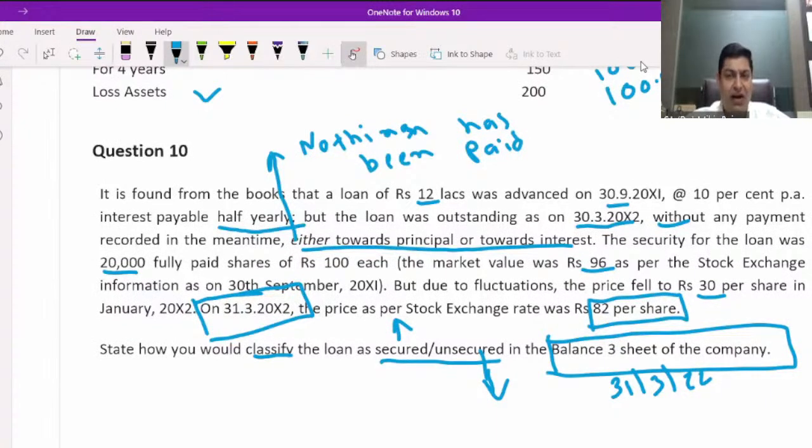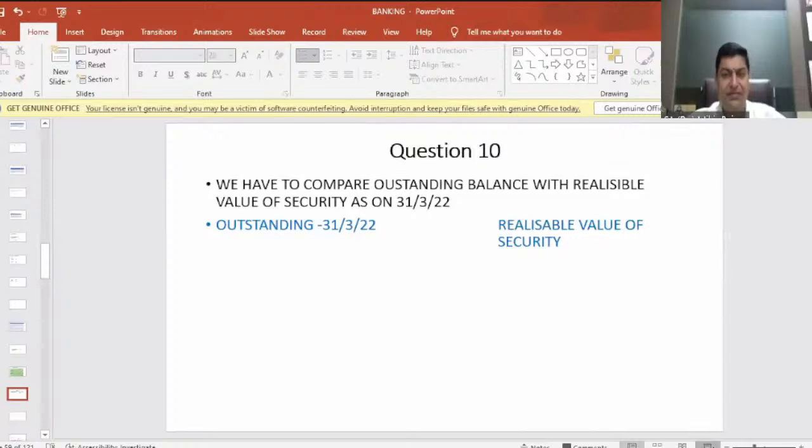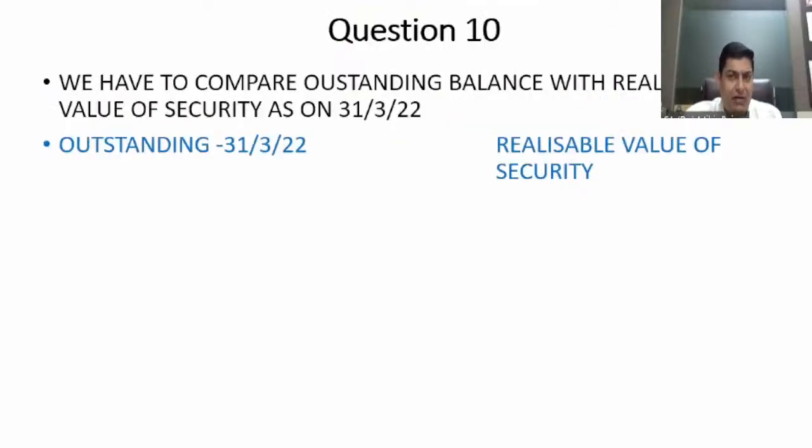Okay, so what are we supposed to do, sir? We need to compare. We have to compare the outstanding balance with the realizable value of security as on 31st March.